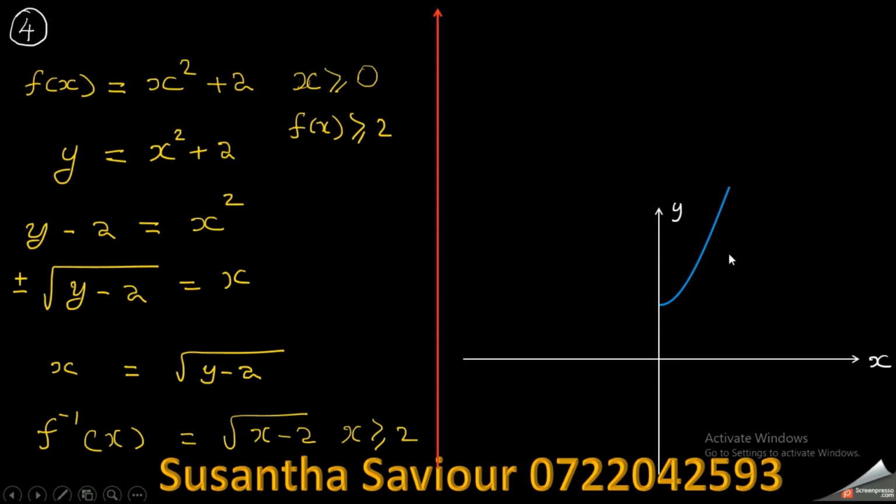And then what to do? We have to draw this line y equals x. Remember, it is y equals x always, right? And reflect this one on that line. Look at this. This is 2 and this is also 2 then, right?